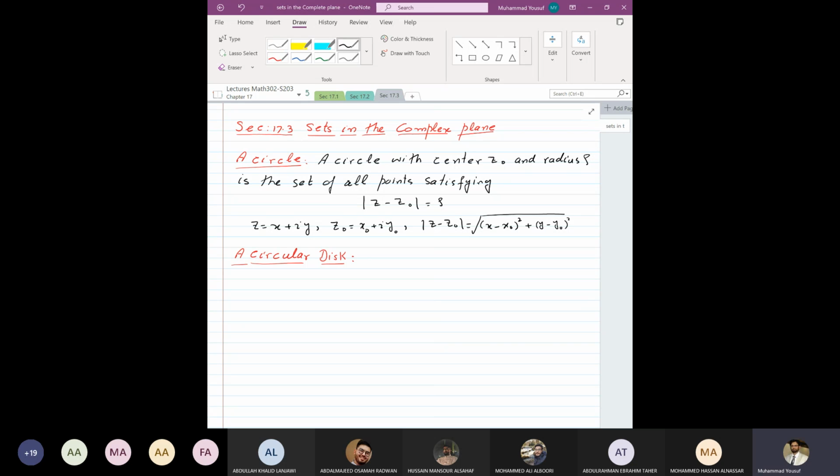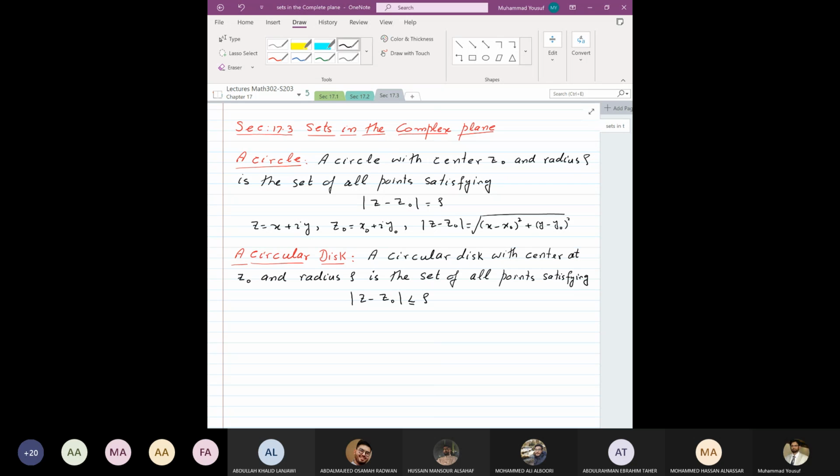A circular disk with the center at Z0 and radius rho is the set of all points satisfying Z minus Z0 less than or equal to rho.